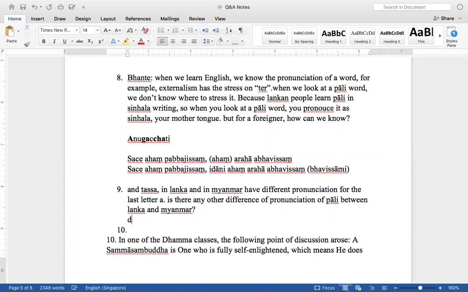For instance, Dahara, a Sinhalese person would say Da. Ha is always Ha, an exception. I'll give a different example: Khatara.